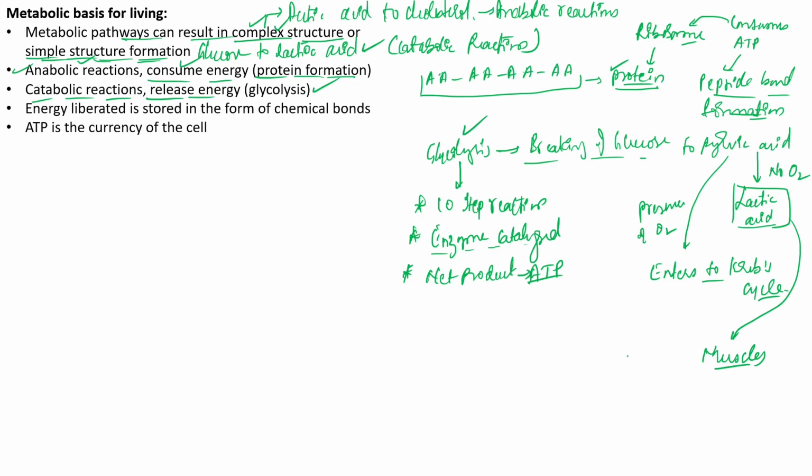If you are doing any kind of fast running or anaerobic activity, during rigorous activity such as running or sprinting, you will fall short of oxygen, right? So even in the absence of oxygen, the glucose is broken down into pyruvic acid, and pyruvic acid is finally converted into lactic acid.